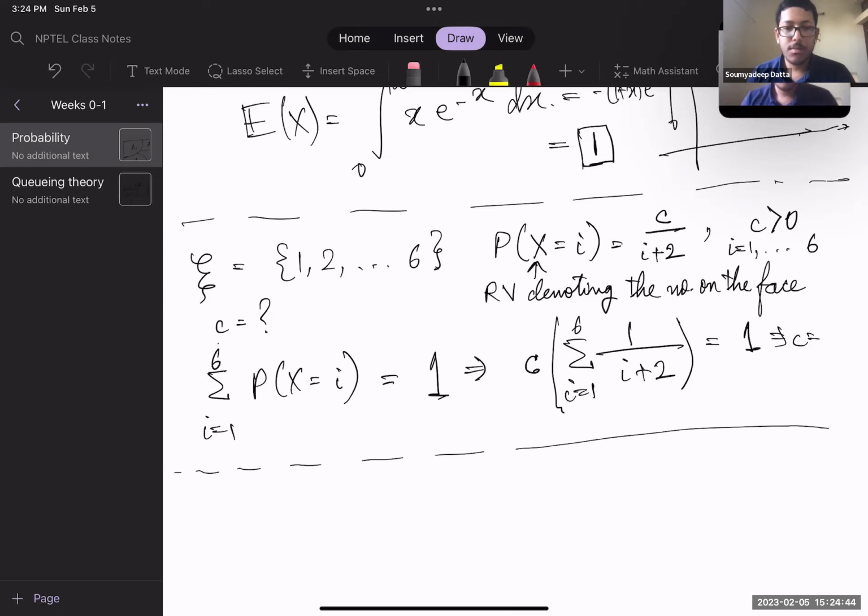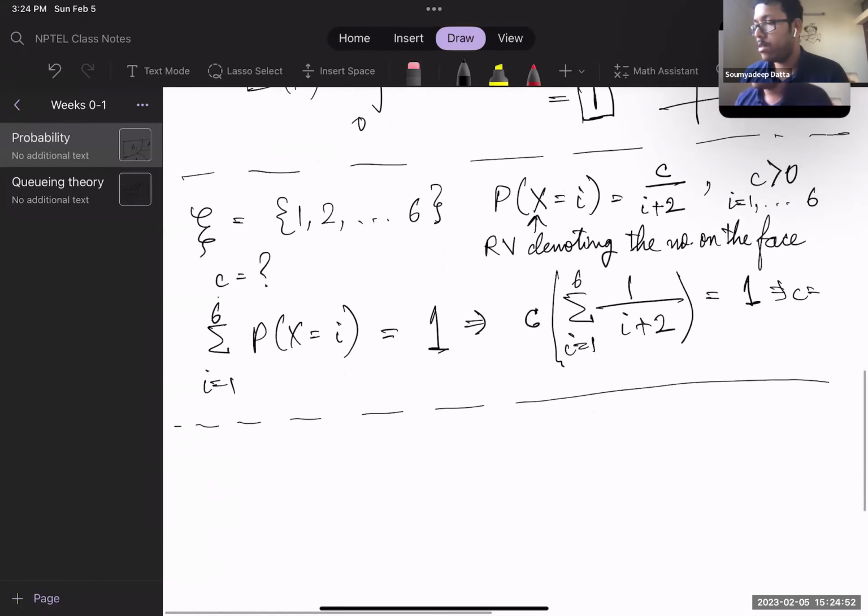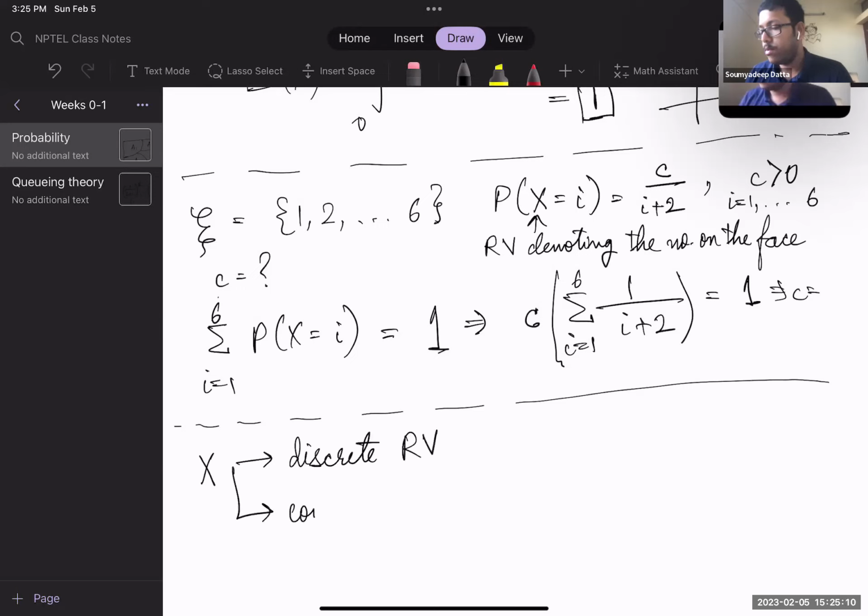Now, okay, let's deal with this kind of distribution over here. This kind of random variable is called... So you have two kinds of random variables, right? So x can be a discrete random variable, or it can be a continuous random variable, right?